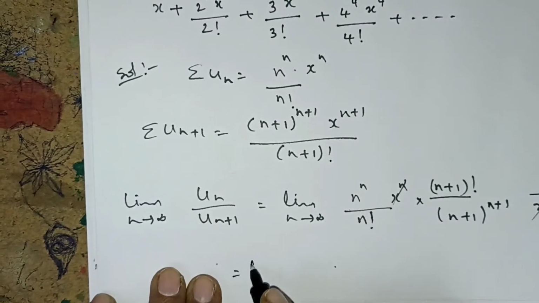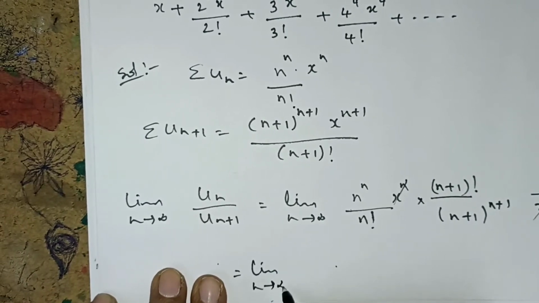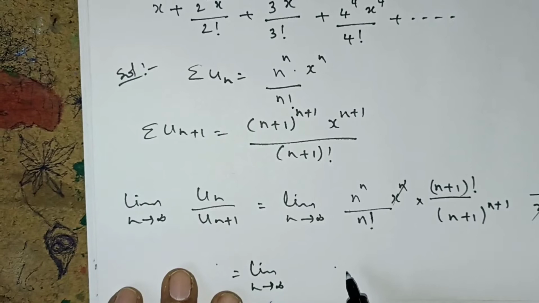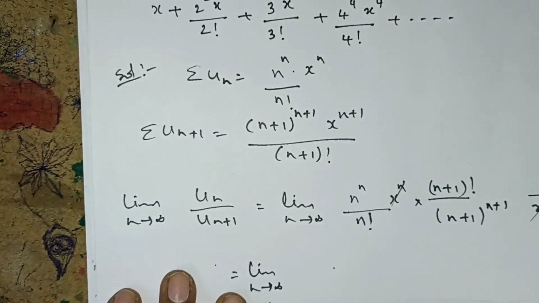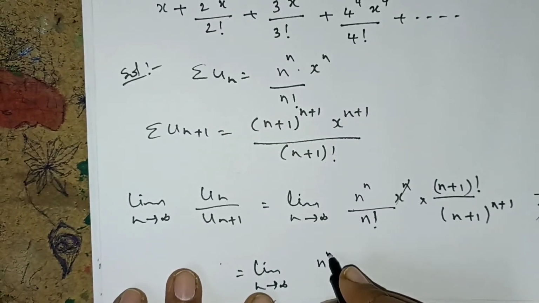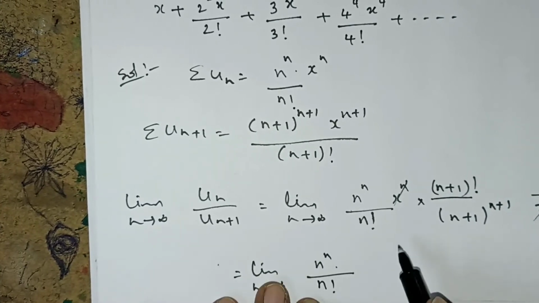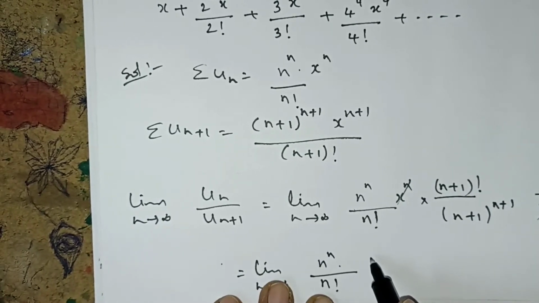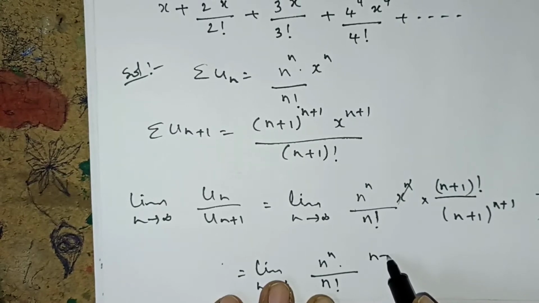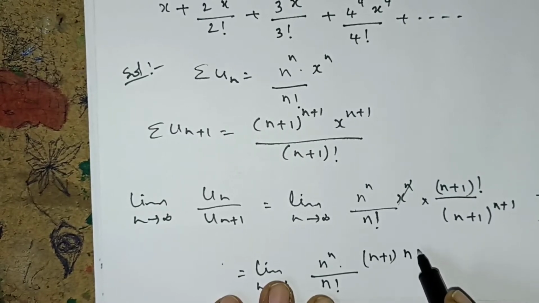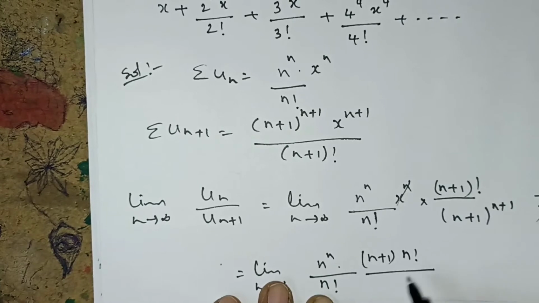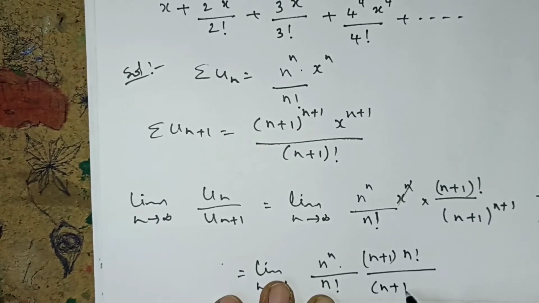Now that is equal to the limit as n tends to infinity. n to the power of n we will write like that only. n factorial also we will write like that only. n plus 1 factorial we can expand as n plus 1 into n factorial, by n plus 1 to the power of n into n plus 1.